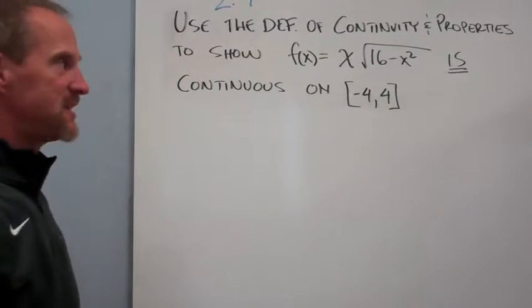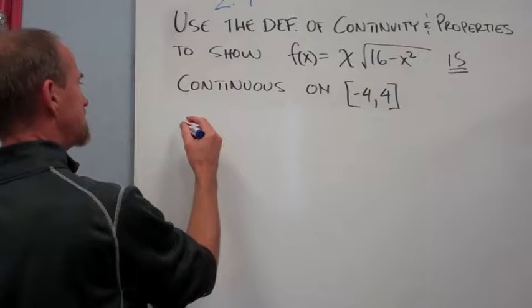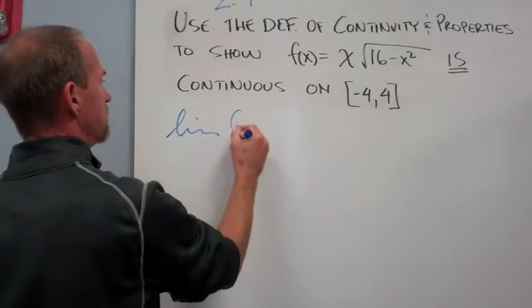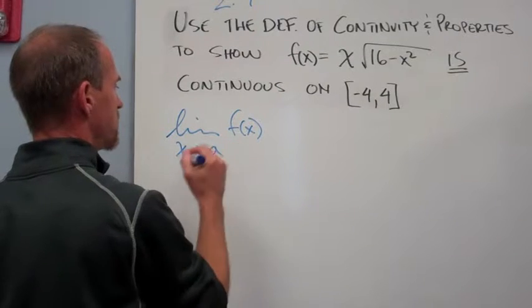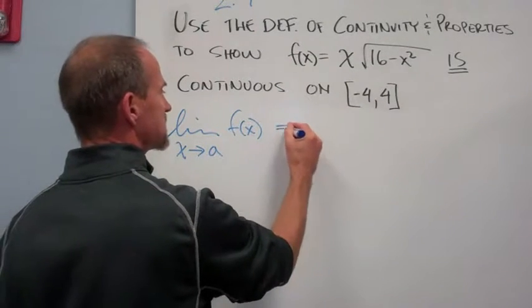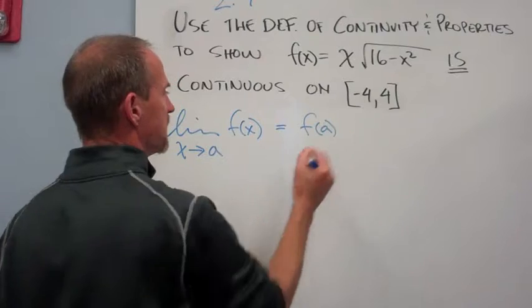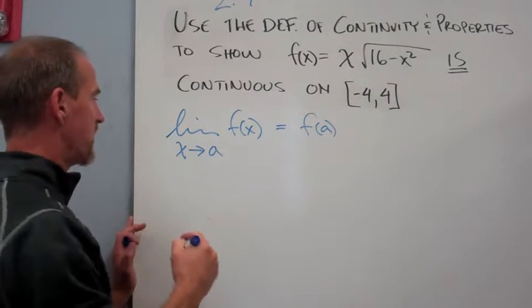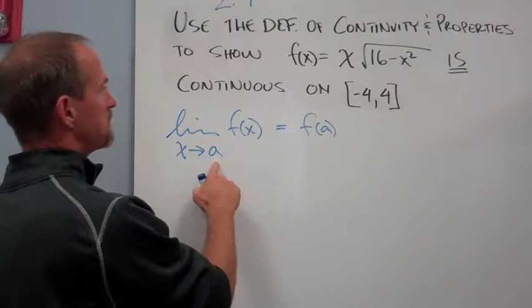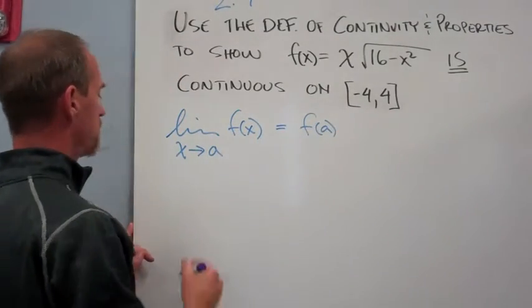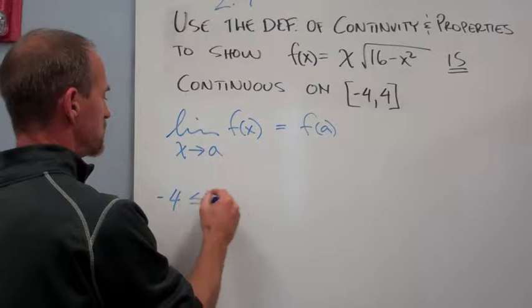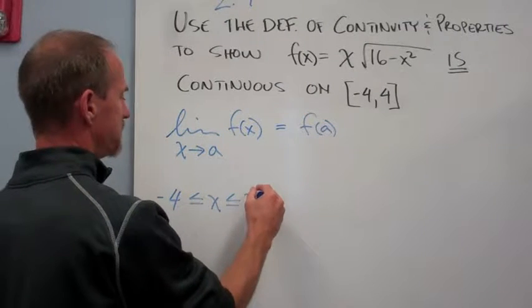So what you basically need to show is the key part: is it true that the limit of this function, as x approaches some arbitrary number a, is the same thing as the actual function f of a? All right, so we're going to show that. We need to be clear about the interval over which we're talking, from -4 to +4, all right?